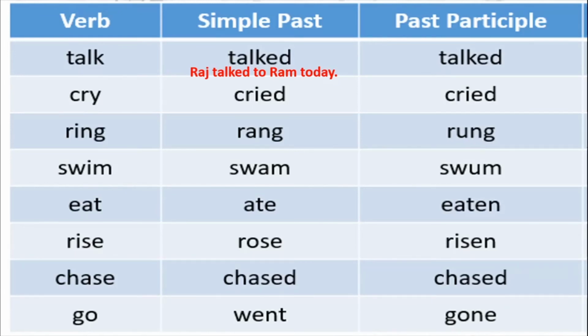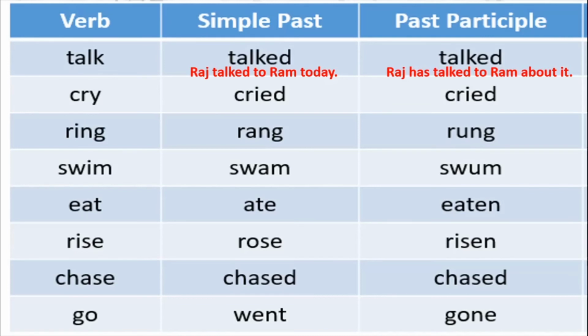Whereas when talked is used as a past participle, see, Raj has talked to Ram about it. So he has talked. There is something which needs to be talked about, and Raj has talked to Ram about it, and let us wait for the outcome. So has talked. Here the talked is in the past participle because it follows the helping verb has.